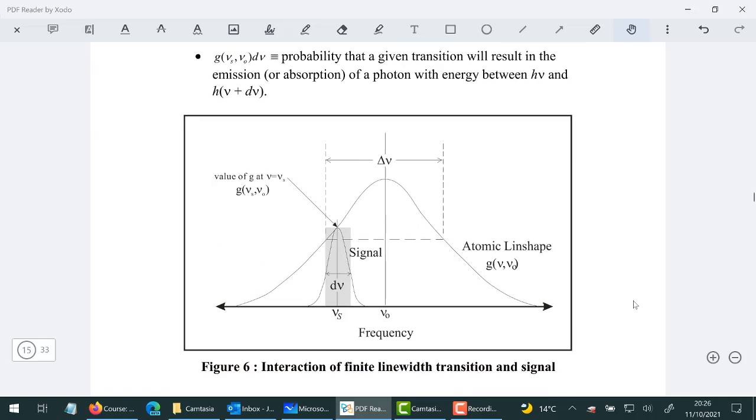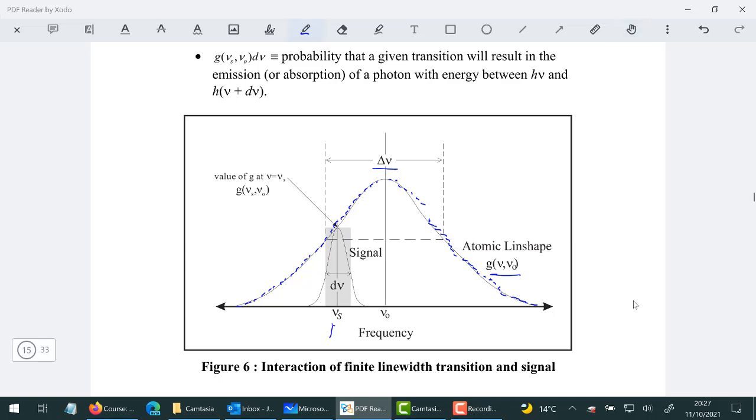So what we've got is the laser material itself is doing something like this. Again, that could be, say, a Lorentzian or a Gaussian, depending on the type of broadening that we've got. And it has a line shape given by G. It has a line width given by delta nu. And what we've got is an input signal.